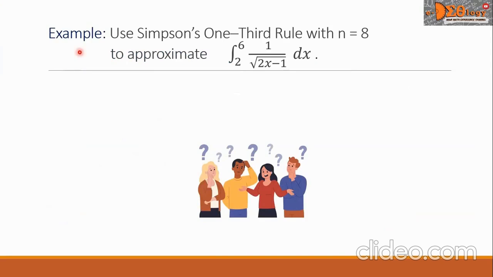This is the example. Use Simpson's one-third rule with n equals 8 to approximate the integral from 2 to 6 of the function 1 all over the square root of the quantity 2x minus 1, dx.